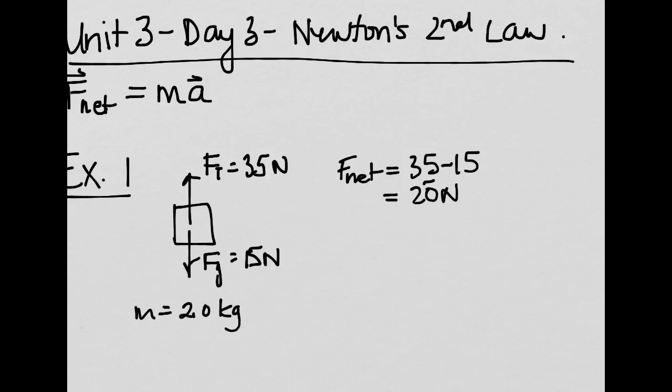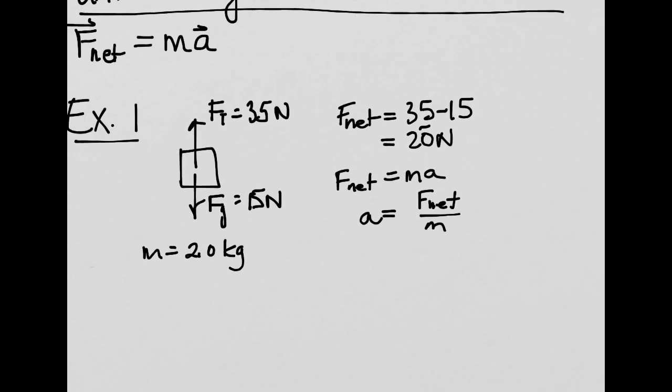So to find the acceleration, we're going to use our new equation, F net equals ma, and solve for a. And now you just simply plug in the net force you just found, the mass, and you get the acceleration.